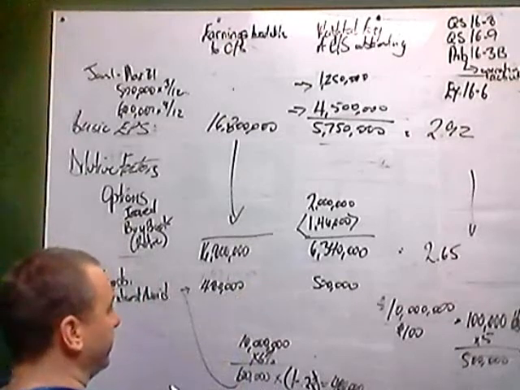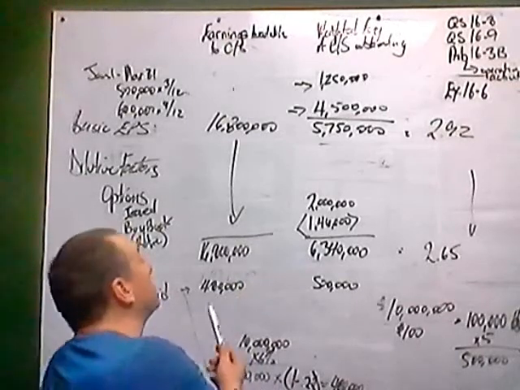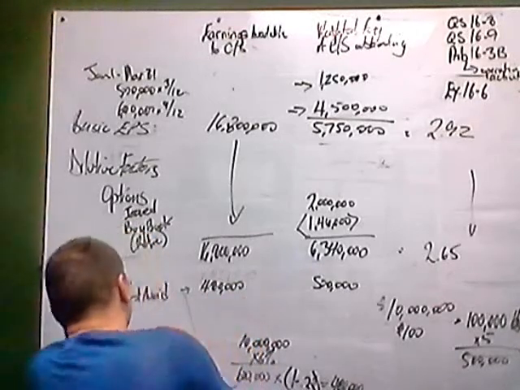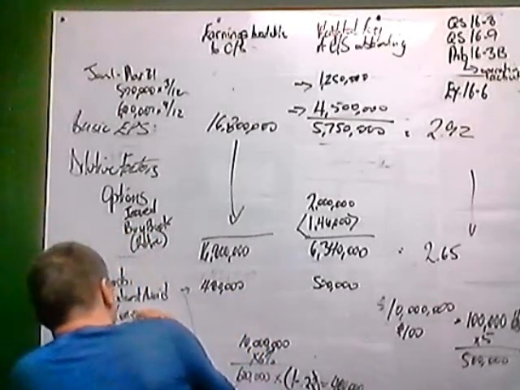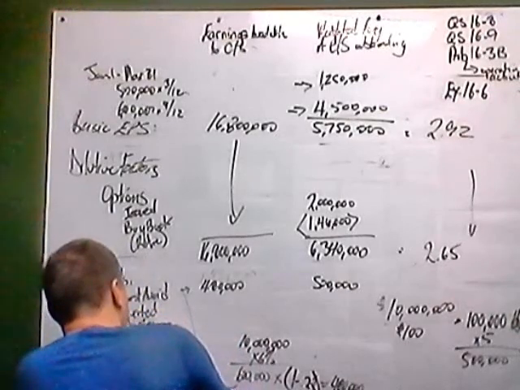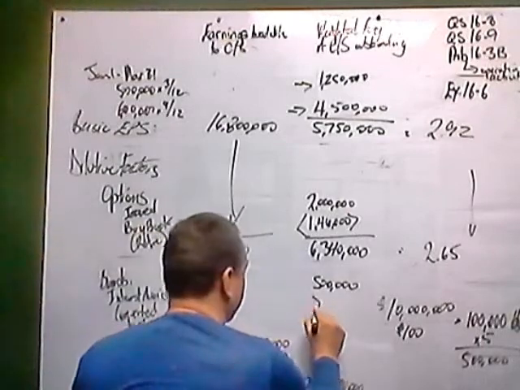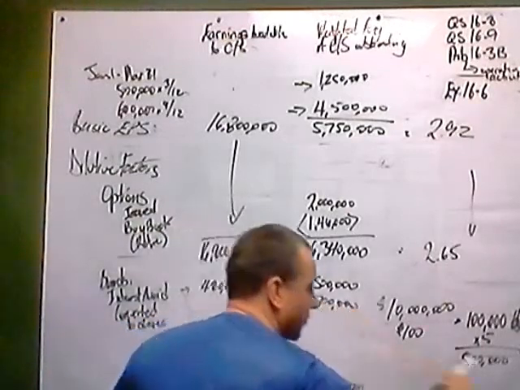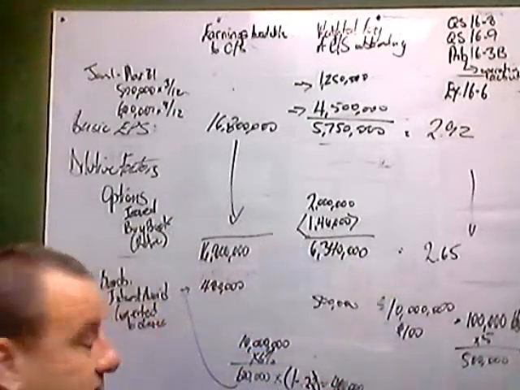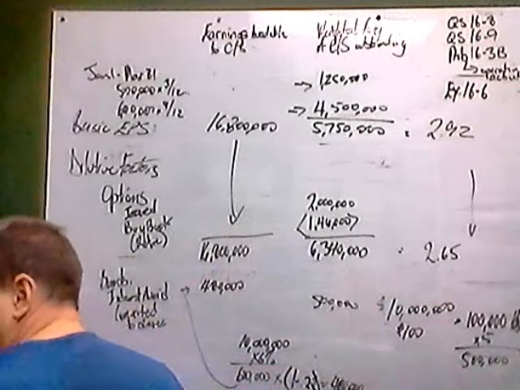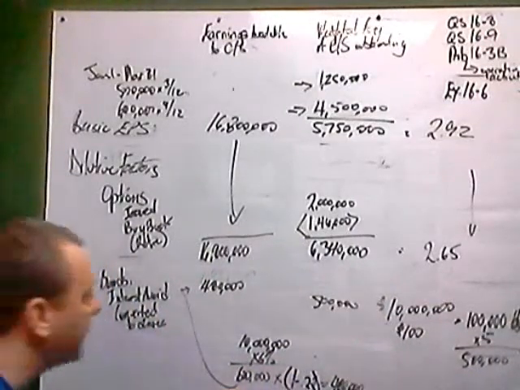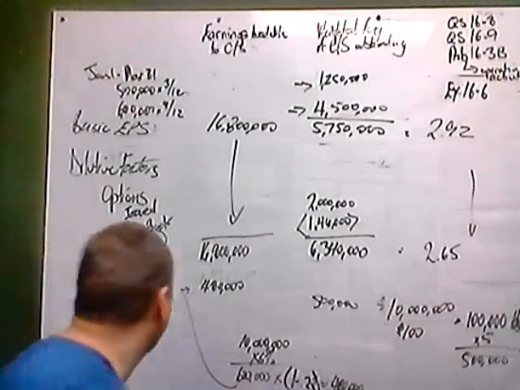So they avoid paying $480,000 of interest, and that gets added to the earnings available to the common shareholder. I'm just going to put converted shares, 500,000. That's how they got that number, 480. So again, we're going to see it dilute even more.